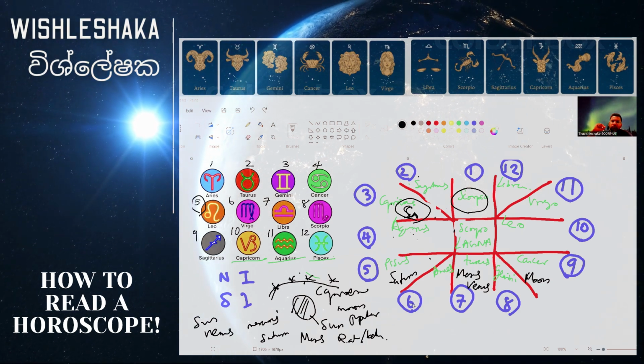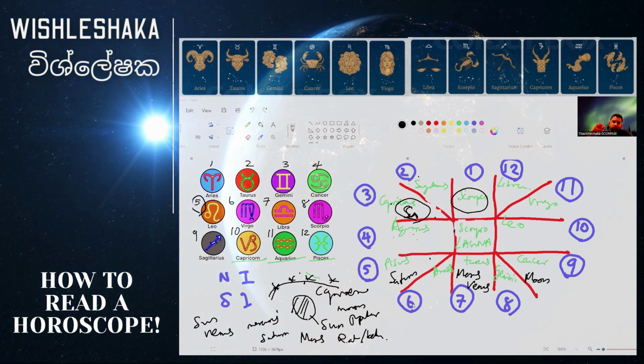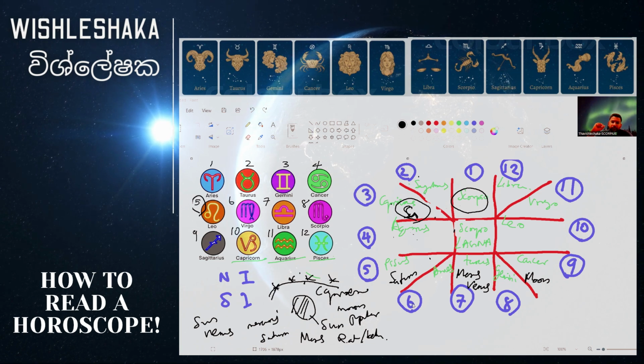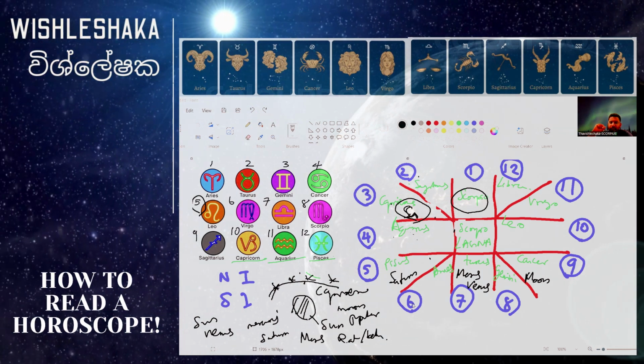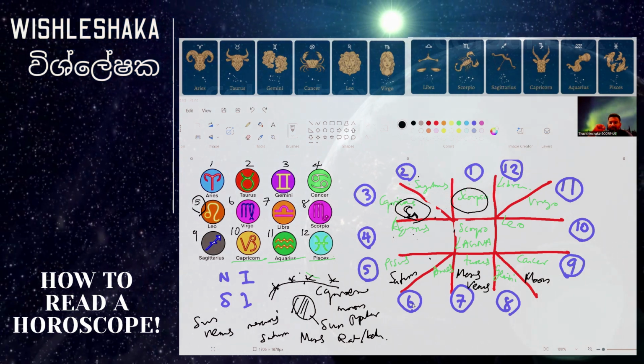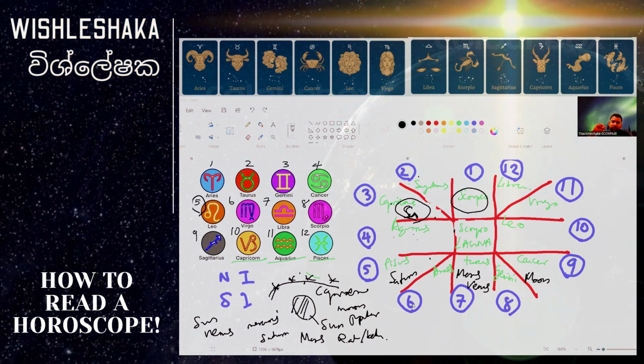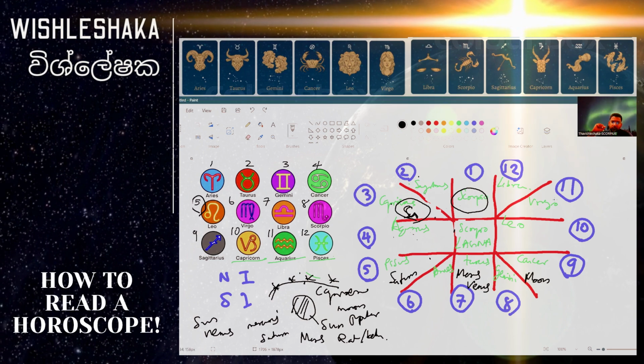So Rahu, the north node, will be in front of some constellation, and you put Rahu there. Directly opposite is Ketu. If Ketu is in front of some constellation, directly opposite is Rahu. That is how we show Rahu and Ketu.